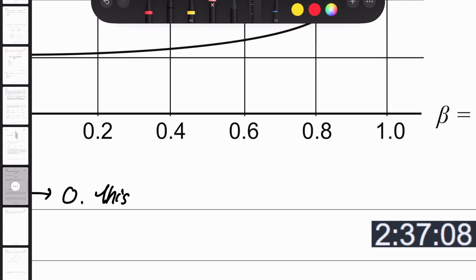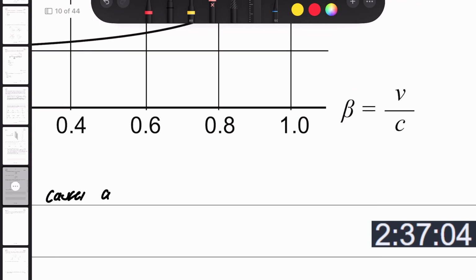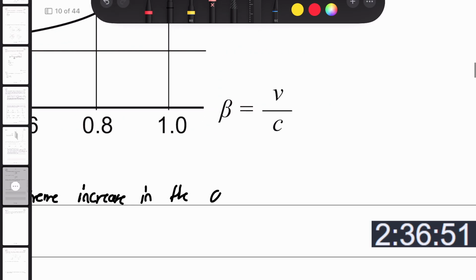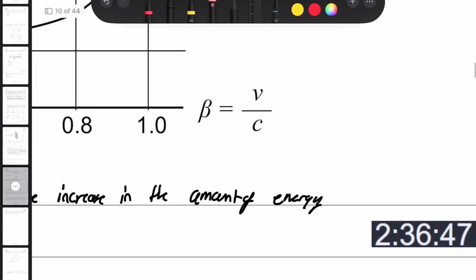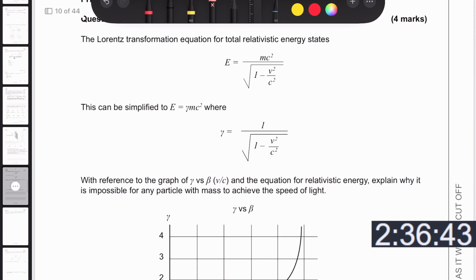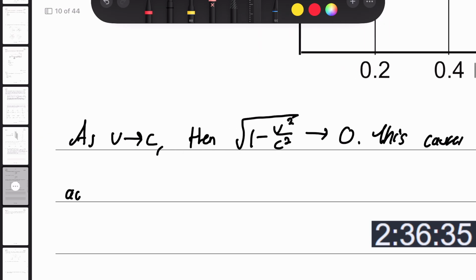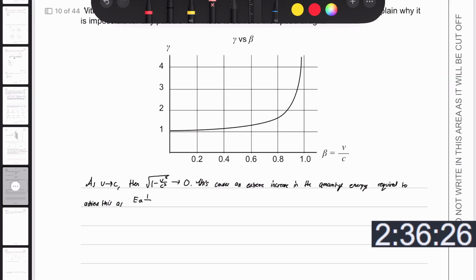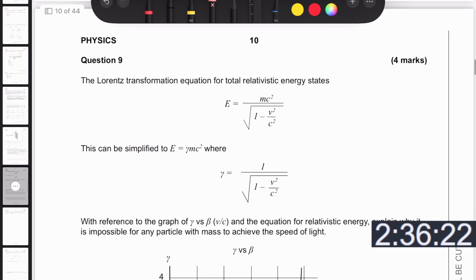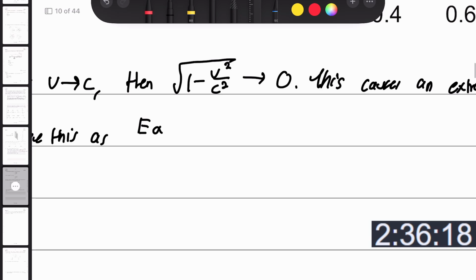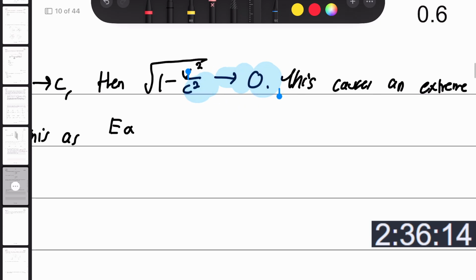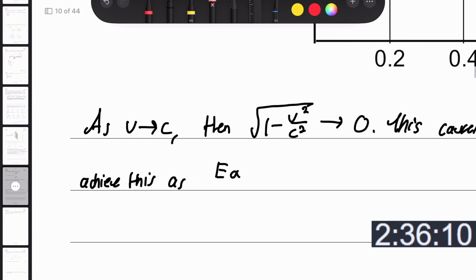This causes an incredible and extreme increase of energy required to achieve the speed, as E is inversely proportional to that, so you can just see that.